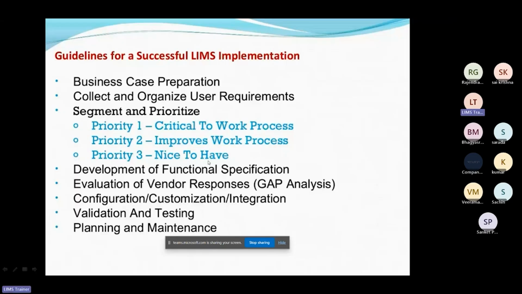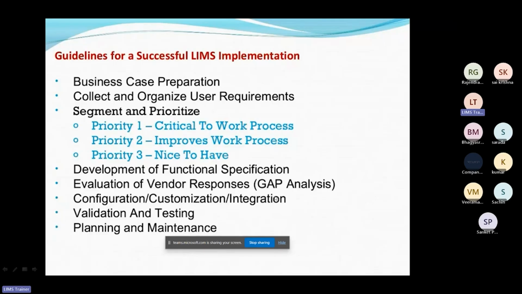Then comes the evaluation of vendor response. When we develop all the things in the laboratory, we have to check against the end user and also the owner of that business case. This is called gap analysis.